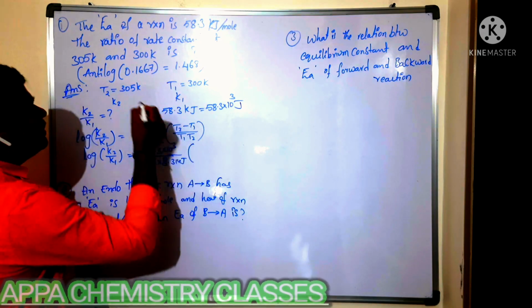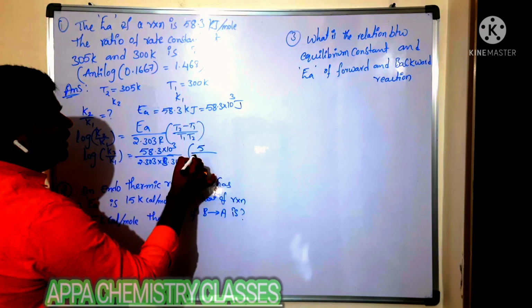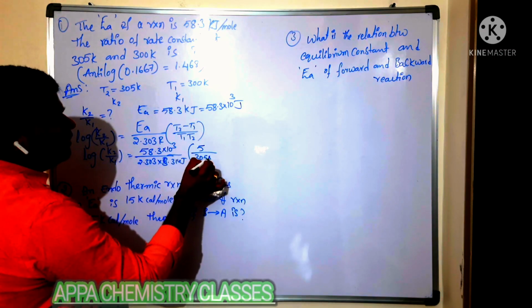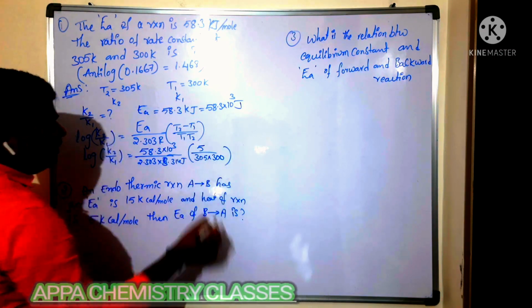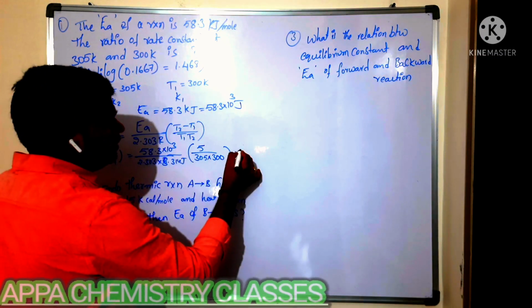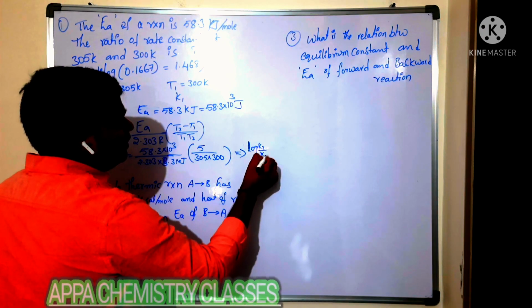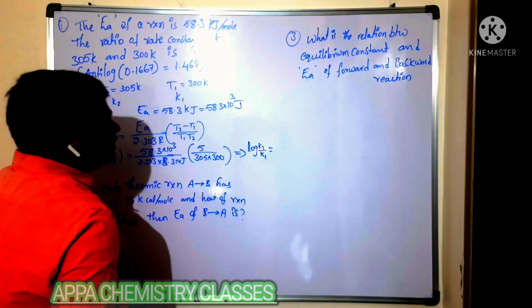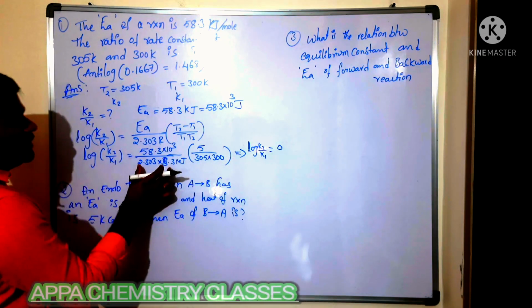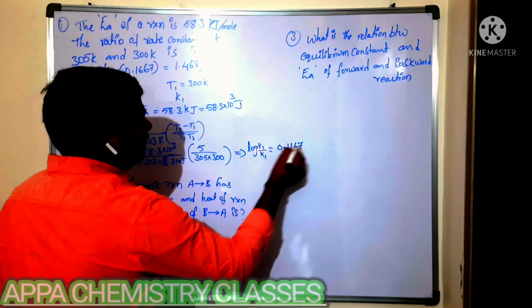T2 is 305 and T1 is 300, so 305 minus 300 means 5, by 305 into 300. Doing all this calculation, you will get 0.1667.